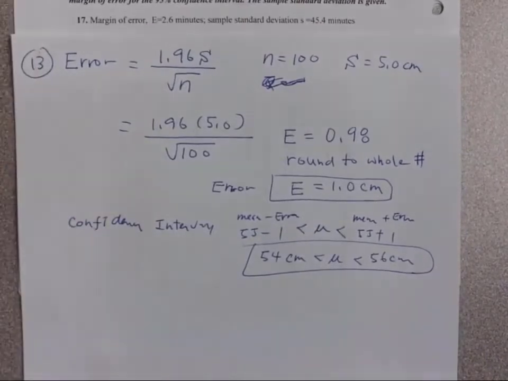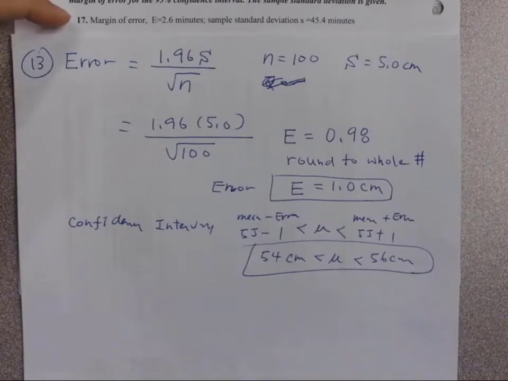Okay, how about number 17 here? So this one you need to find the sample size, assuming that you want to construct a 95% confidence interval. Estimate a population mean. Find an estimate of minimal sample size needed to obtain the specific margin of error for a 95% confidence interval. The standard deviation is given.